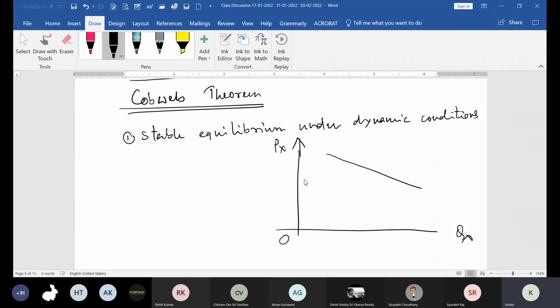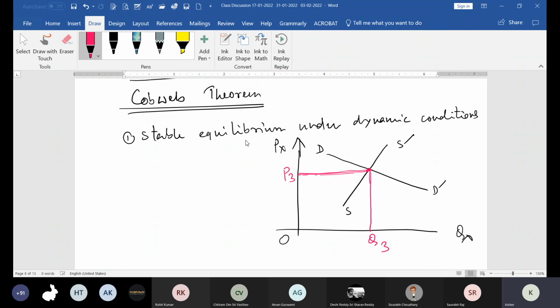Suppose demand curve is like this and supply curve is like this. When slope of demand curve is less than slope of supply curve, the system is convergent and equilibrium is stable. Suppose initially your equilibrium price is here, suppose P3, and equilibrium quantity is here Q3.